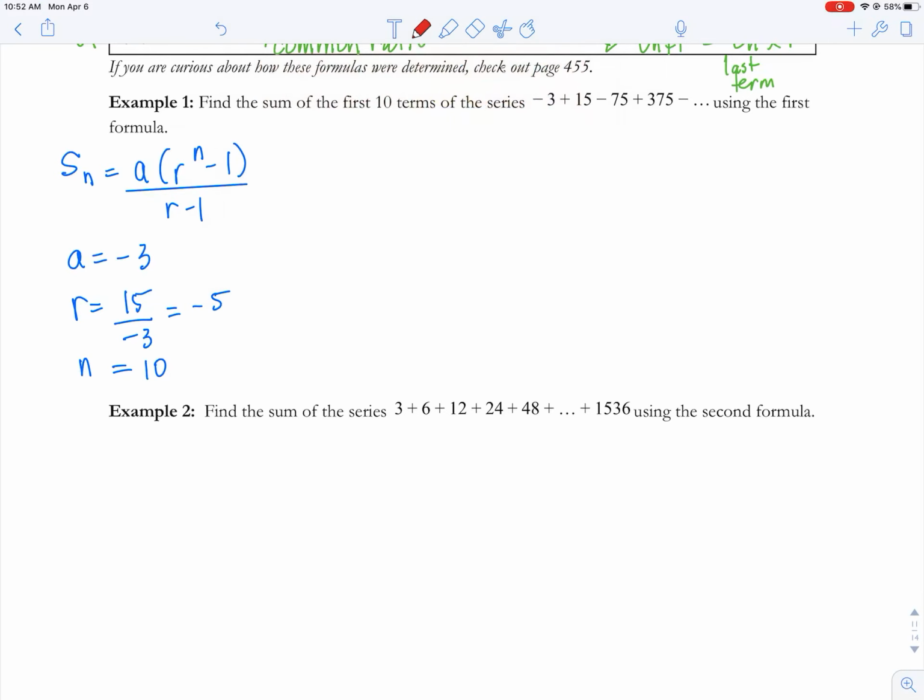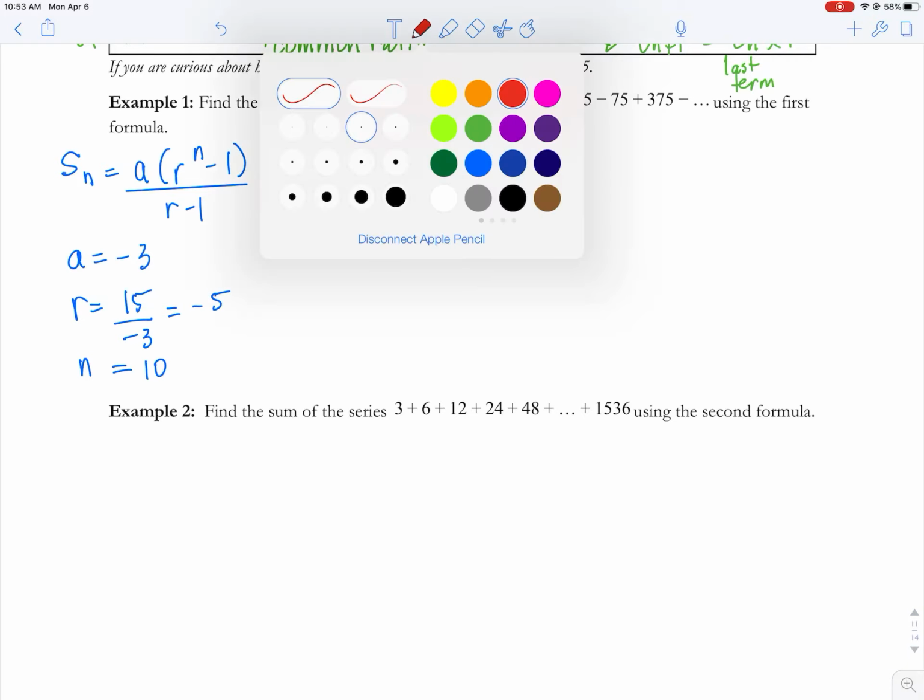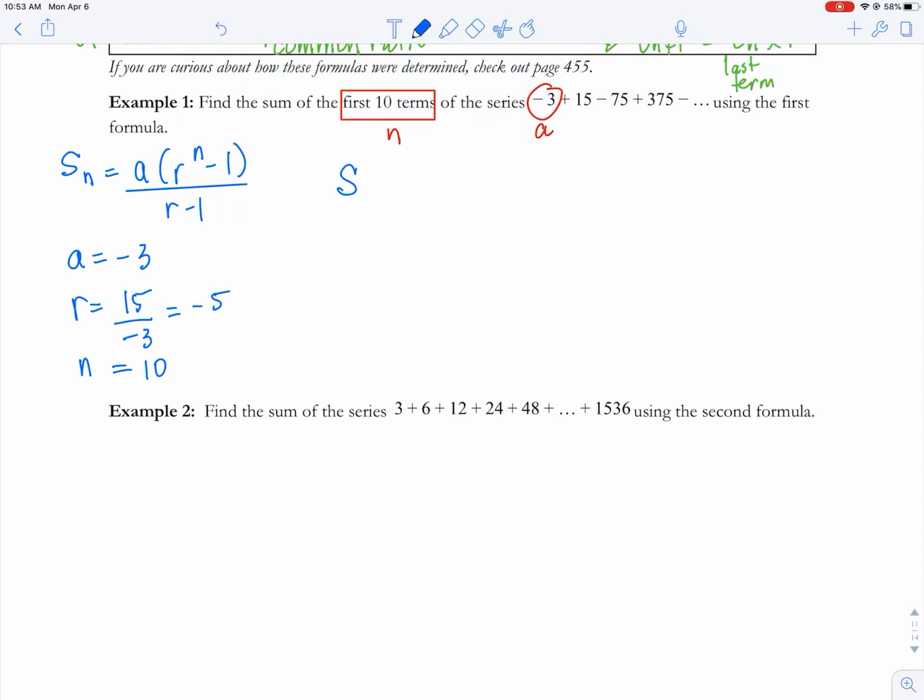So that's our n, that's our a, and we figured out our r. When we substitute these all in, we'll get that the sum of the first 10 terms is equal to minus 3 bracket. On the calculator, we would do a minus 5 inside brackets, raised to the exponent 10, minus 1, close the bracket, divided by, r was minus 5, minus another 1.